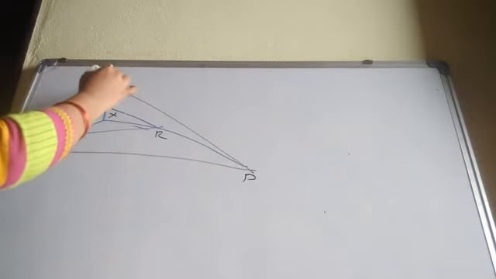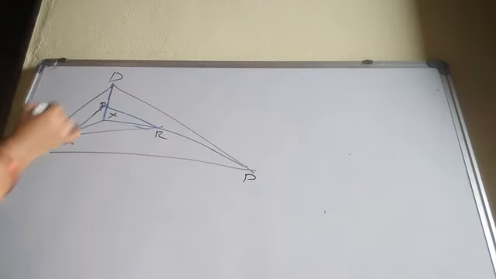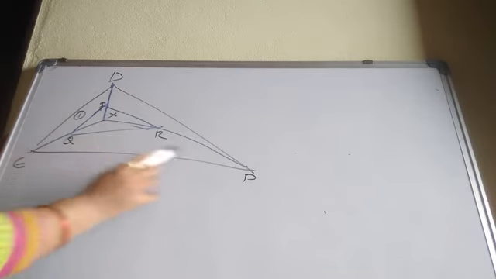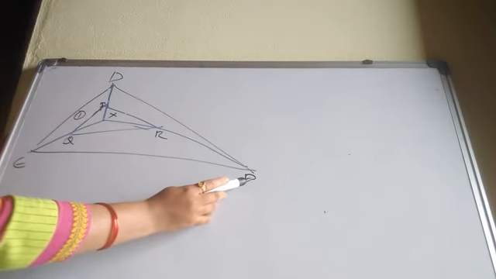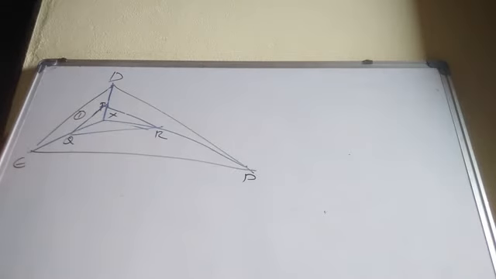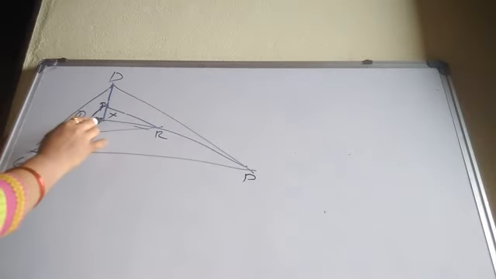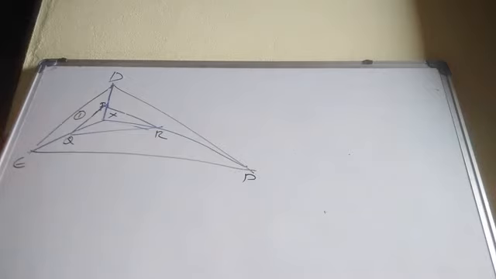Here it is forming a triangle. XDE is a triangle. PQ is parallel to DE. This is our first one. And still, what is given? QR is parallel to EF. So here triangle XEF is the second triangle.